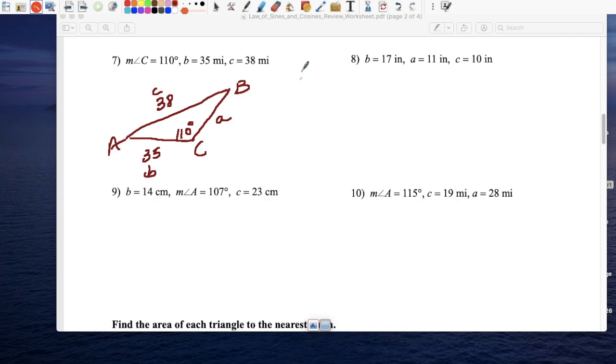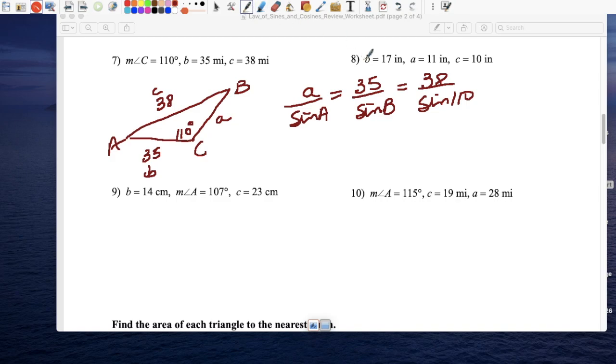So here's what we're going to do. Sine of A. I don't know anything about A, but B, I know that little b, the length is 35. Angle B, I don't know. That's okay. But C, the measurement of the side, little c is 38, and the angle is 110.